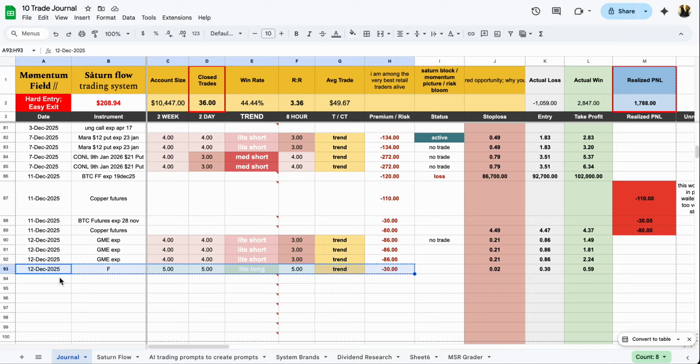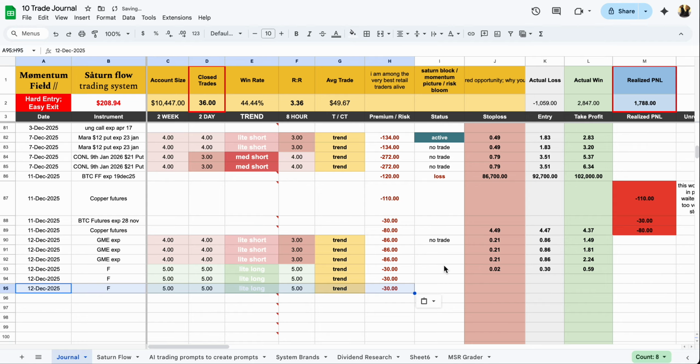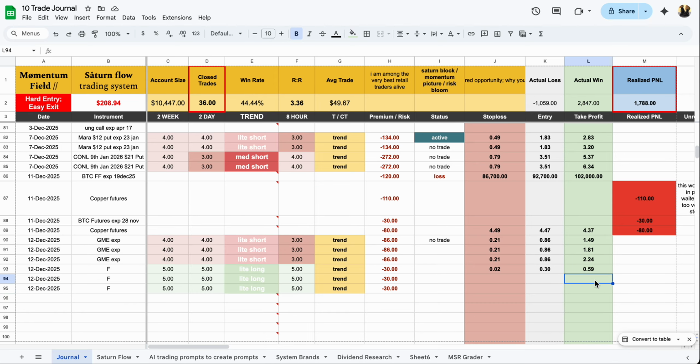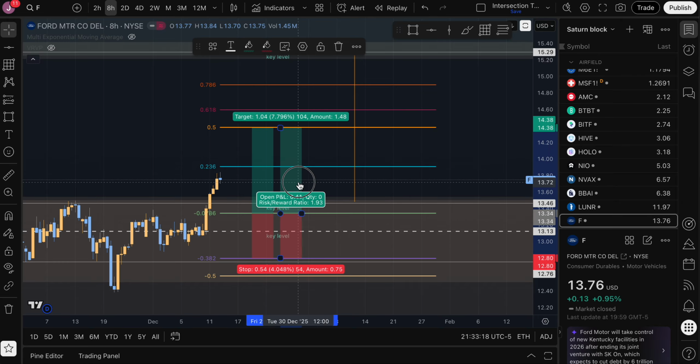Now, if I wanted to set multiple targets, I would create additional lines and then find whatever the 618 was and input it here, and the 786 and input it here, stop and entry would be the same, and that would look like this.